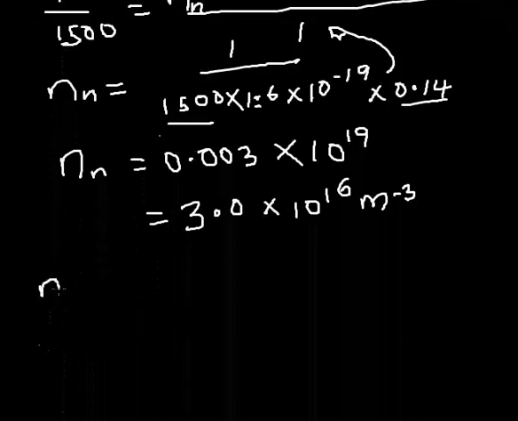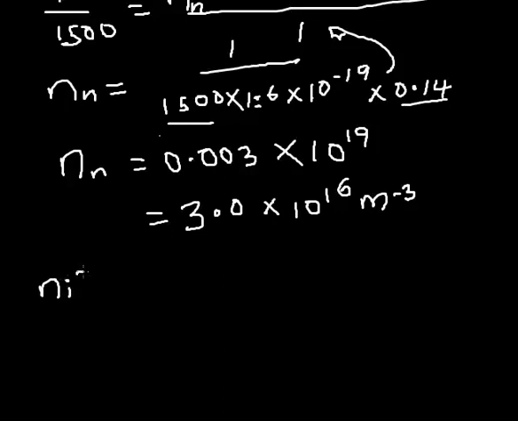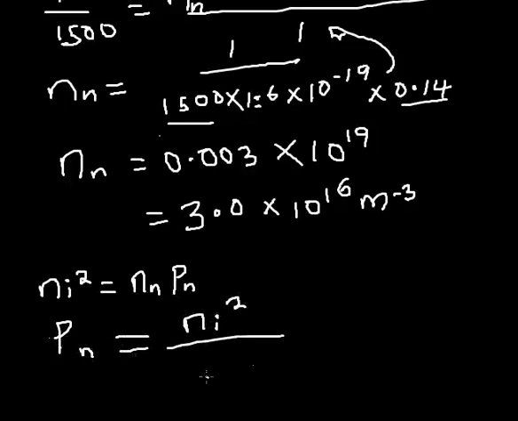The law of mass action: Ni square is equal to Nn Np. If you can't remember, just go back to that video where I gave you this formula. With this law of mass action, it is easy to get my hole concentration, which is going to be equal to Ni square that I already have, divided by Nn that I've already calculated.